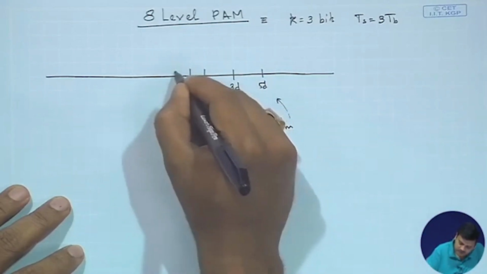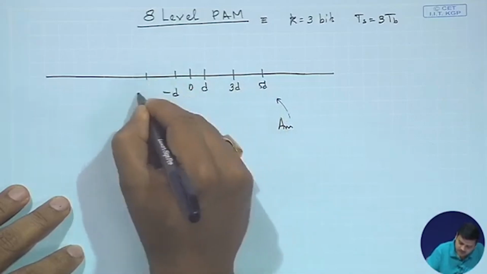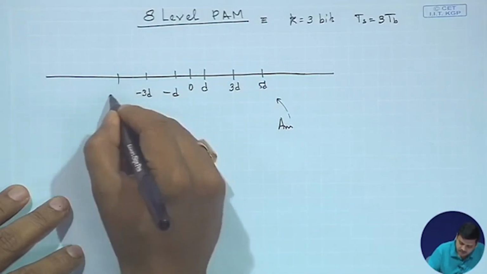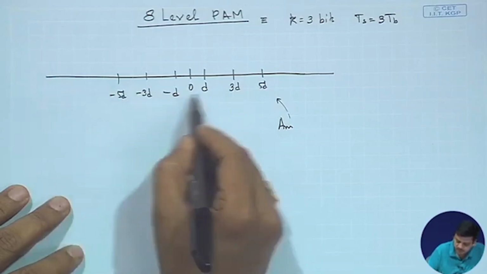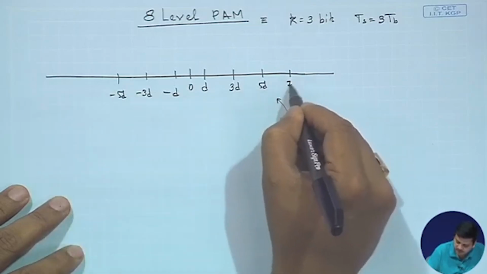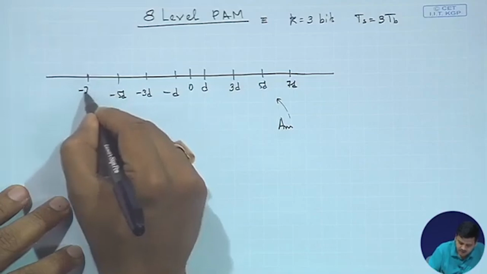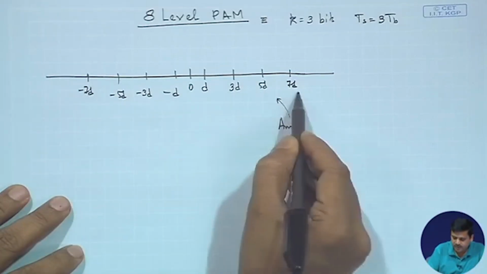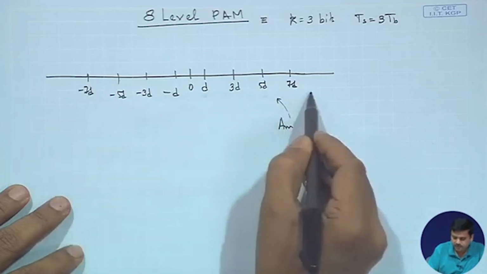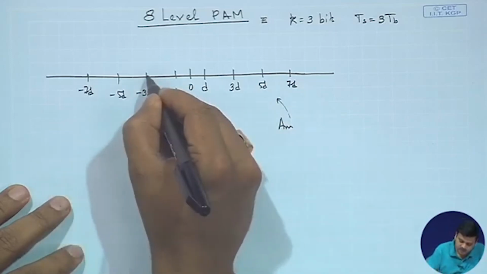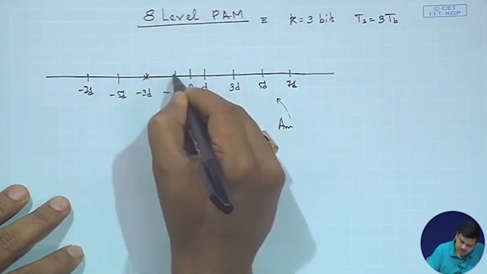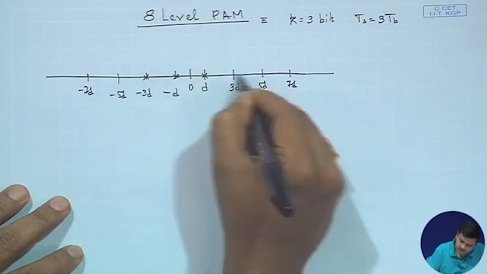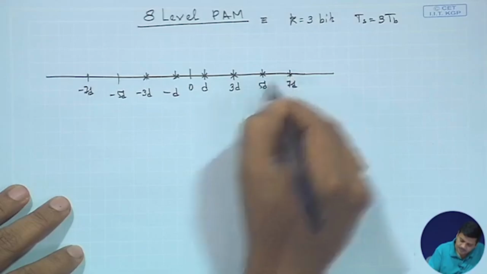These are the AMs that you are going to get, minus D, minus 3D, minus 5D. We have 6, so you have 7D and minus 7D. So, now you have 1, 2, 3, 4, 5, 6, 7, 8. So, you have 8 levels, right. So, now the problem that is with us, so these are the amplitude levels.